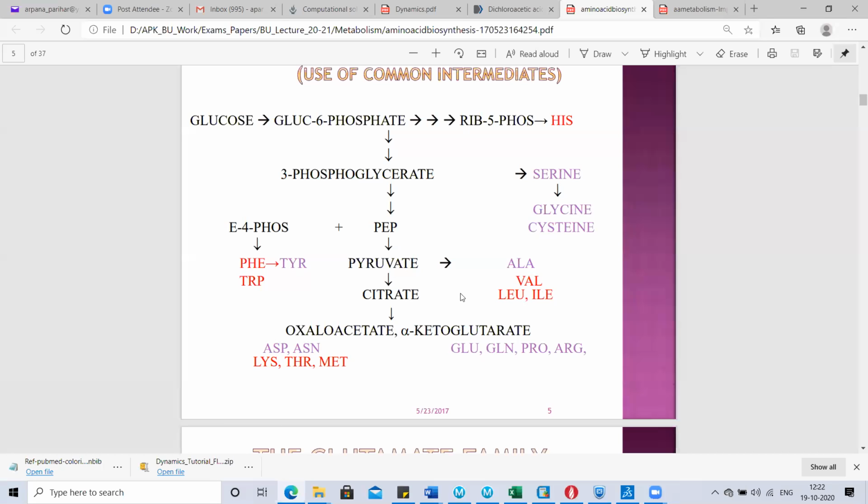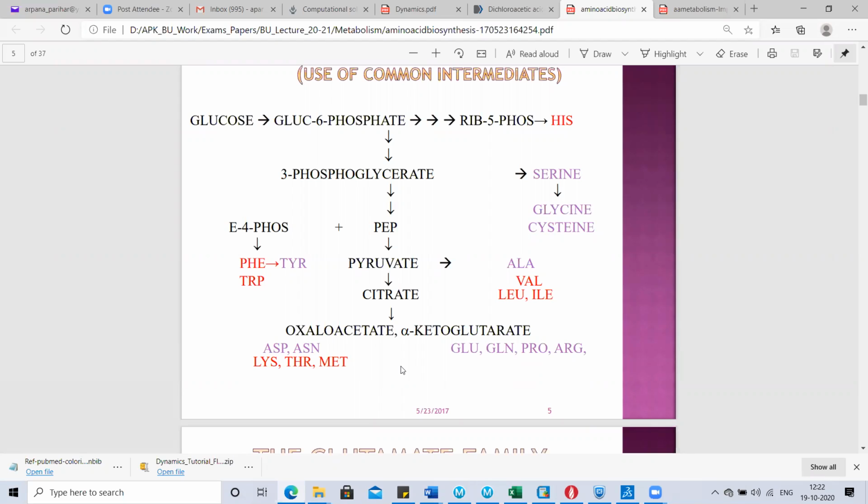Citrate can act as a substrate for the synthesis of oxaloacetate and alpha ketoglutarate. Oxaloacetate and alpha ketoglutarate are involved in the synthesis of asparagine, lysine, threonine, methionine, glutamic acid, glutamine, proline, and arginine. So this is all about the overview.